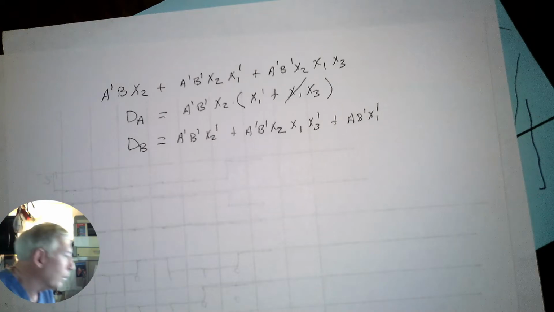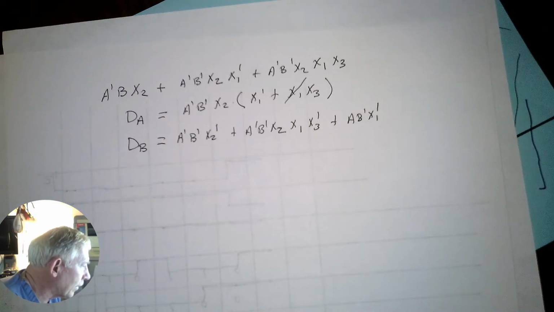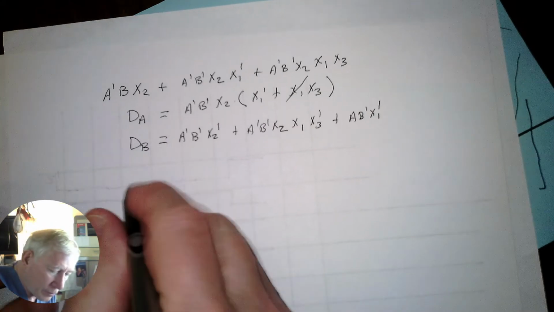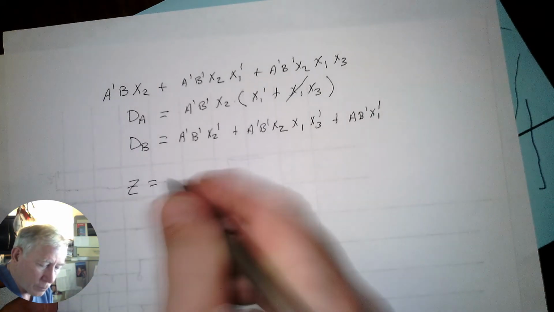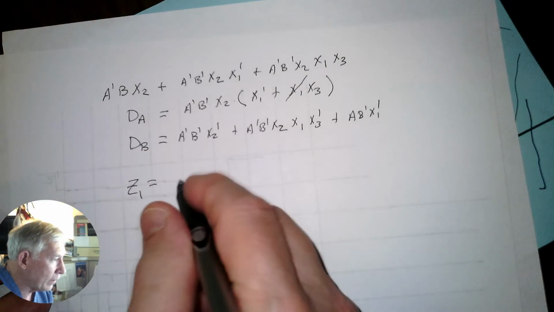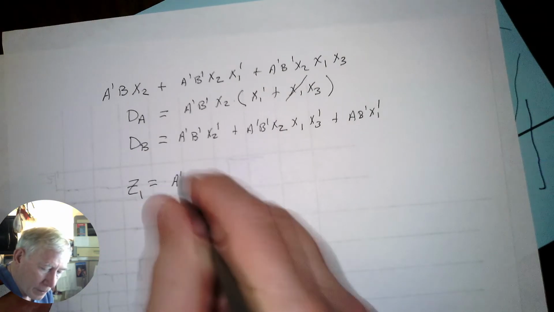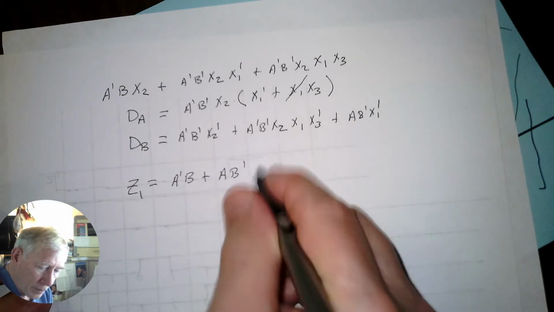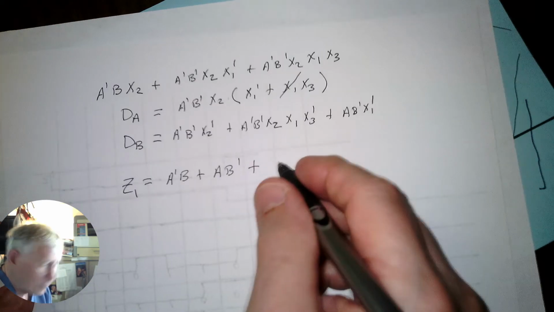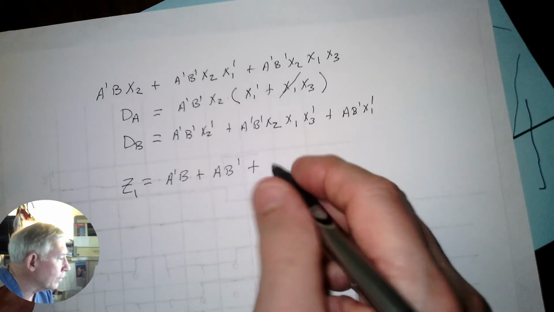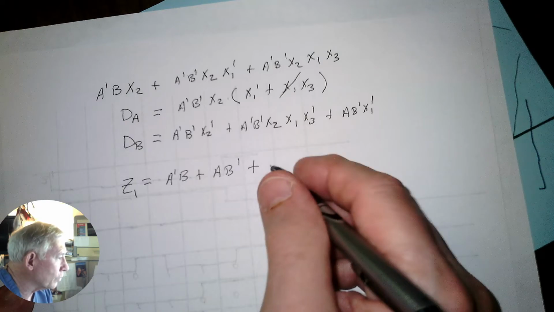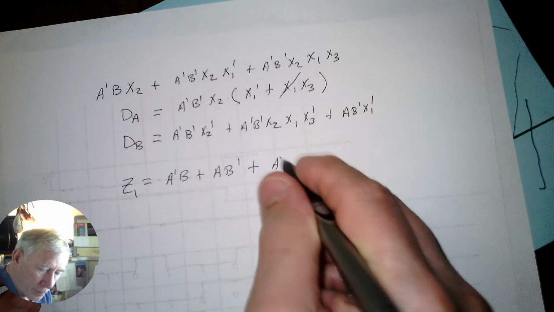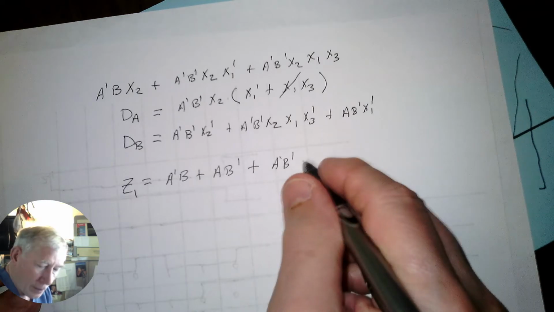And then the only output that's tricky is Z1, because Z1 has the 2 mores, so Z1 equals A prime B plus A B prime plus, when it also shows up in S0, A prime B prime X2.